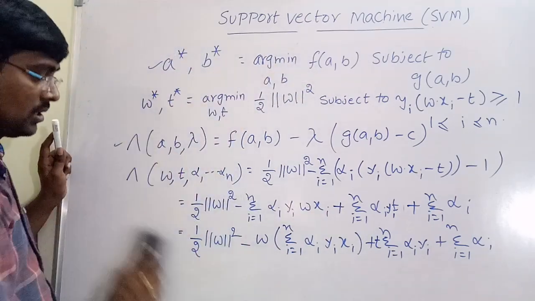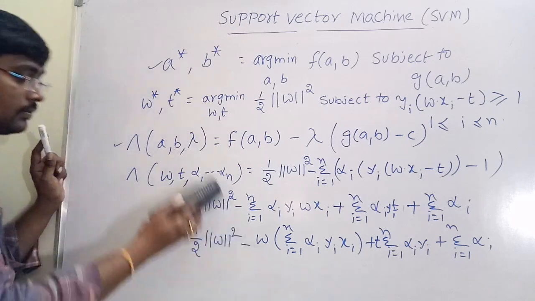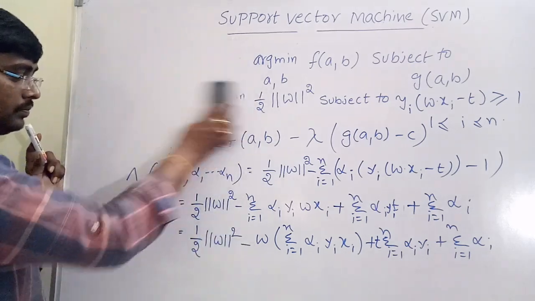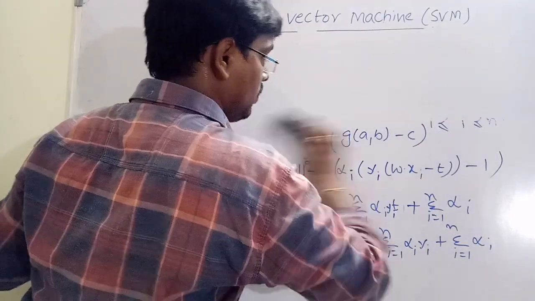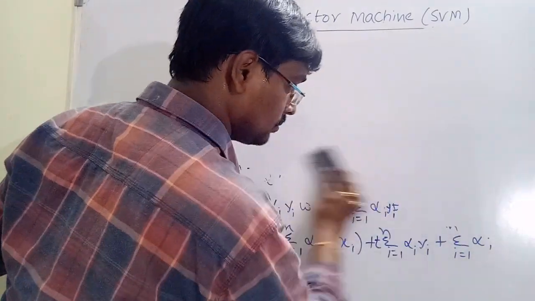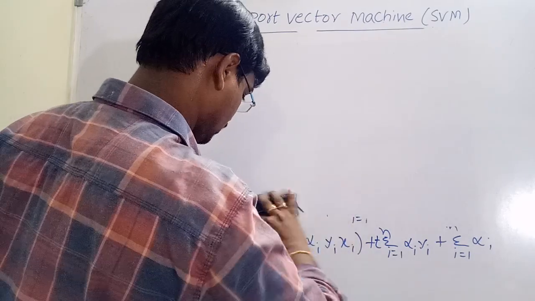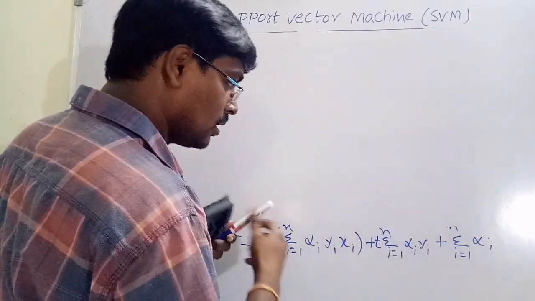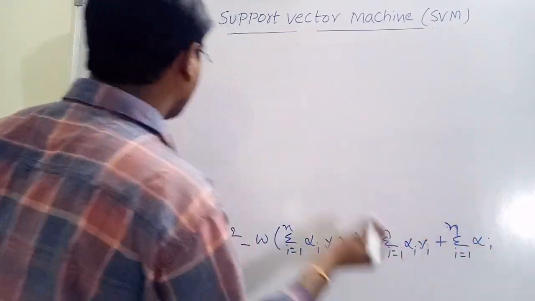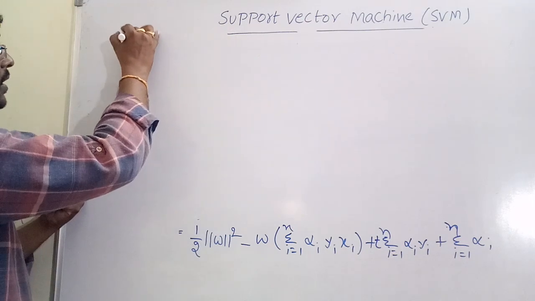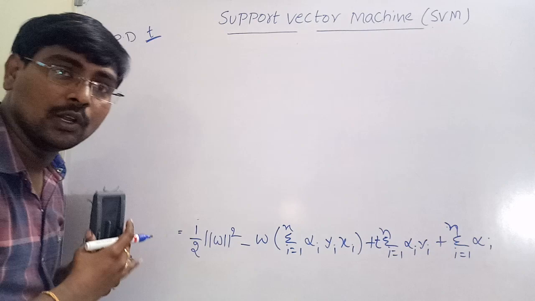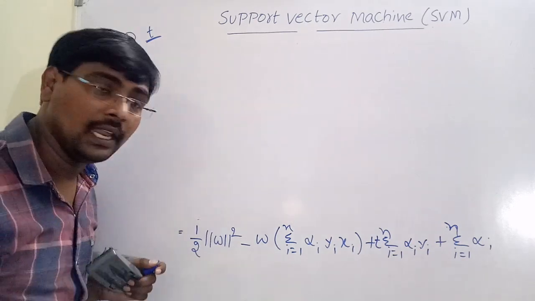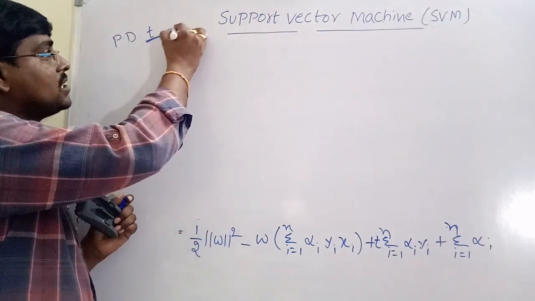I am erasing this one, keep this one. So in this one, take the partial derivative with respect to t and set it equal to 0.